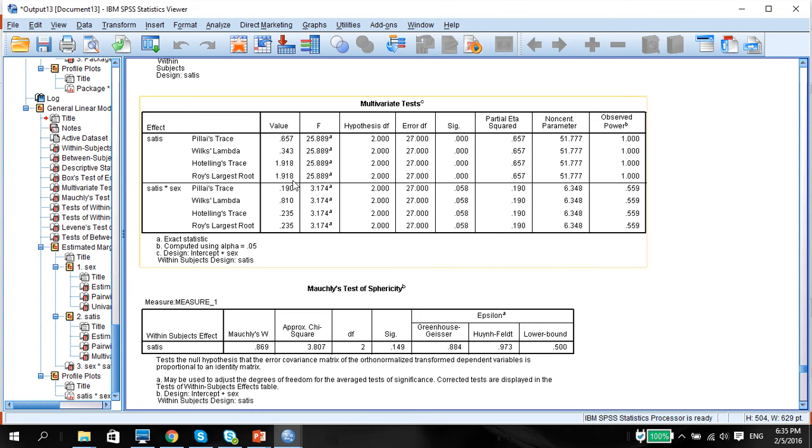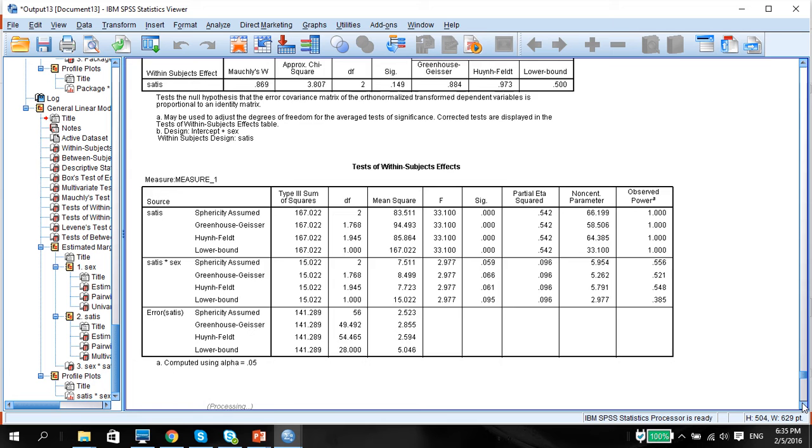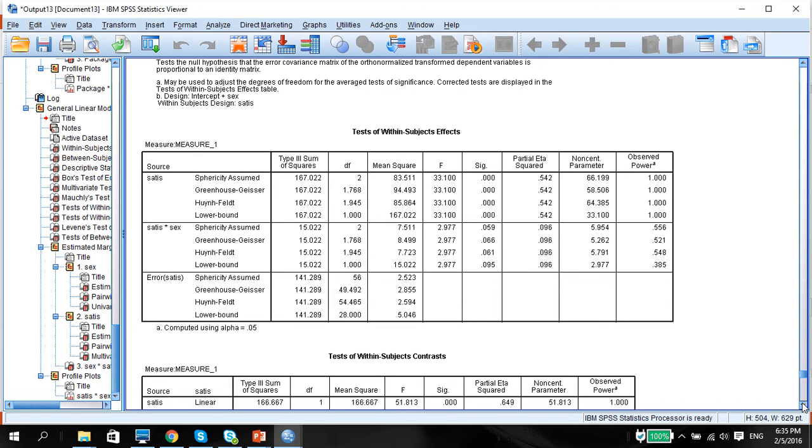Interaction is not significant, it's only significant at satisfaction. Mauchly's test of sphericity, because there are 3 time periods, so therefore sphericity is assumed, so it's 0.149 for the satisfaction level. Tests within subjects, we want to look at satisfaction, it's significant, interaction, it's not significant.